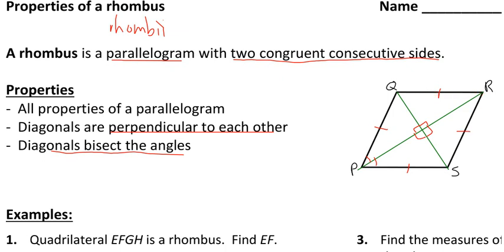QRS is going to be bisected by diagonal PR, but in a parallelogram, we know to start with that these big angles are congruent because they are opposite to each other.